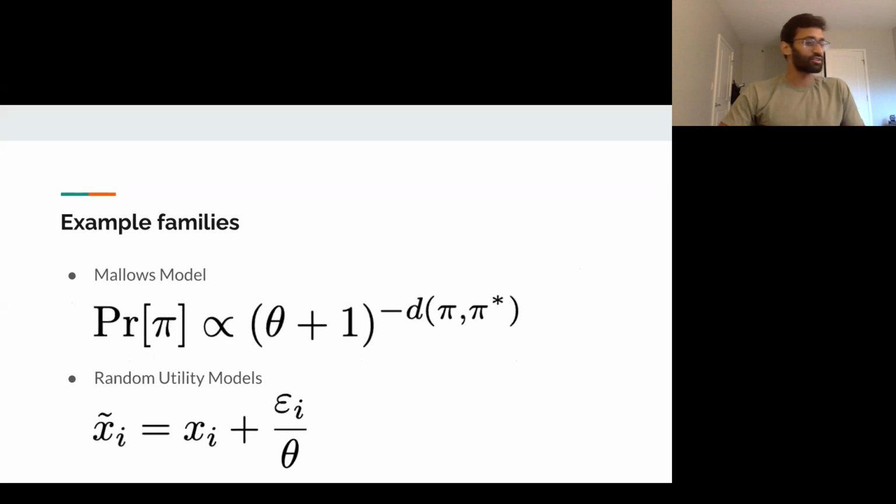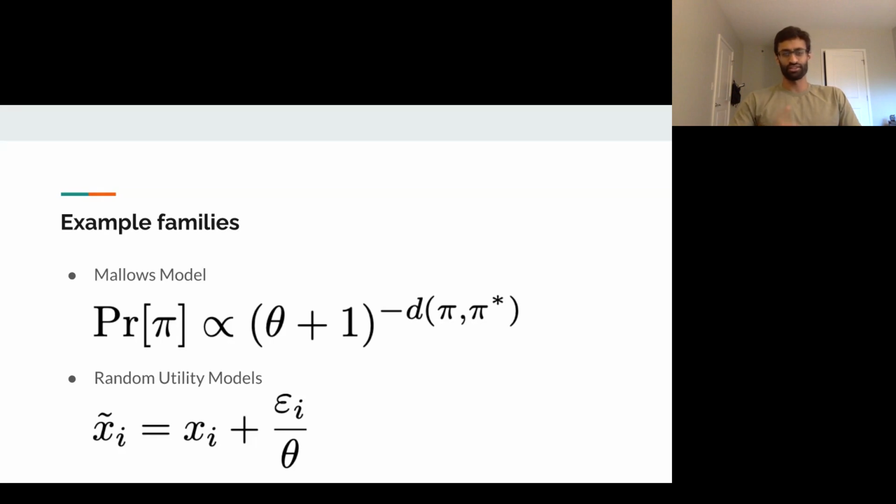And a couple examples of models that satisfy this are the Mallows model and random utility models. So what is the Mallows model? It just says the probability of a permutation is proportional in some sense to the number of inversions between that permutation and the true ordering.